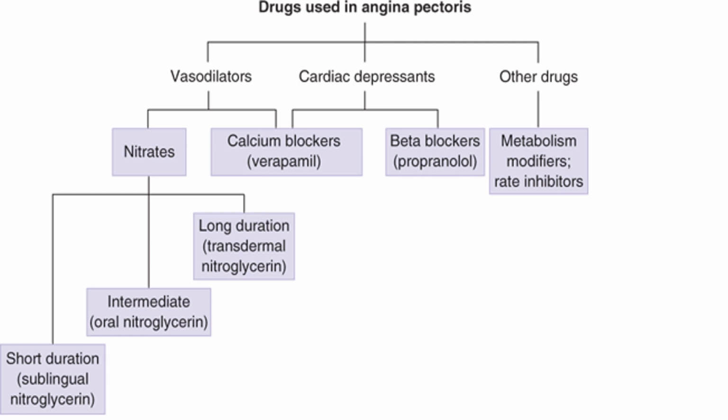Now coming to nitrates, we have long duration, intermediate duration, and short duration. Long acting nitrates are usually in the form of transdermal patches. Intermediate ones are usually oral, and the short acting, for which you want immediate action, are usually sublingual or spray form.